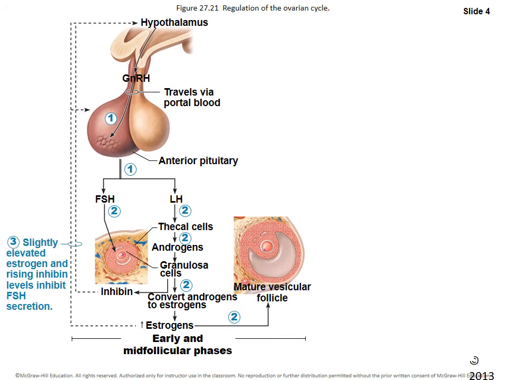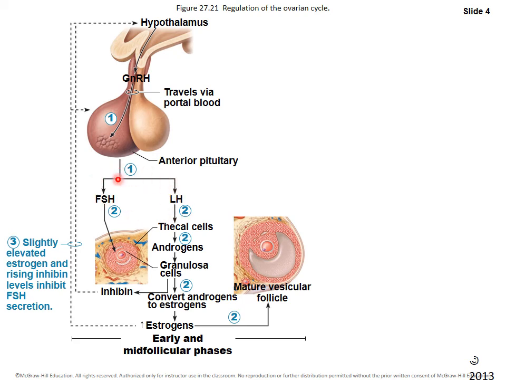Now, initially, as we said, the relatively low levels of estrogen that we start with at the beginning of the cycle, plus the inhibin that's being produced, will have an inhibitory effect on the hypothalamus and the pituitary gland. And so levels of FSH and LH are going to drop.